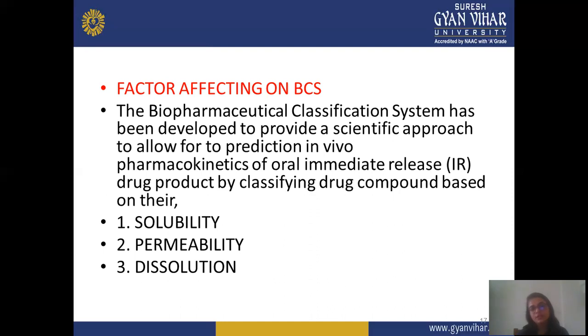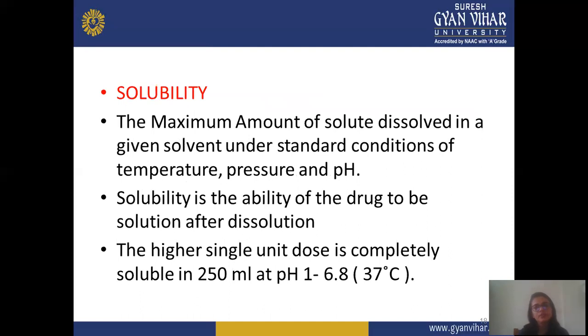And the factors that affect BCS, first, is solubility, the maximum amount of solute dissolved in a given solvent under standard conditions of temperature, pressure, and pH. Solubility is the ability of the drug to go into solution after dissolution.